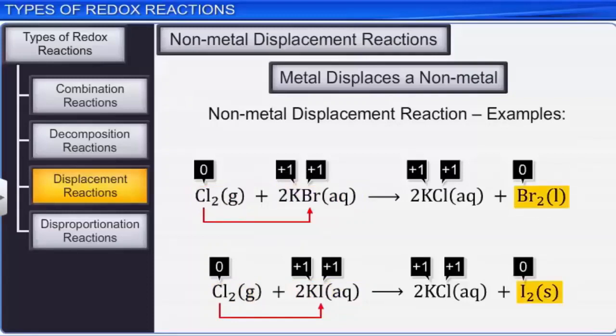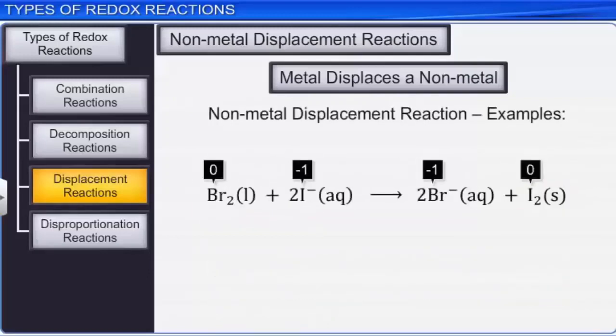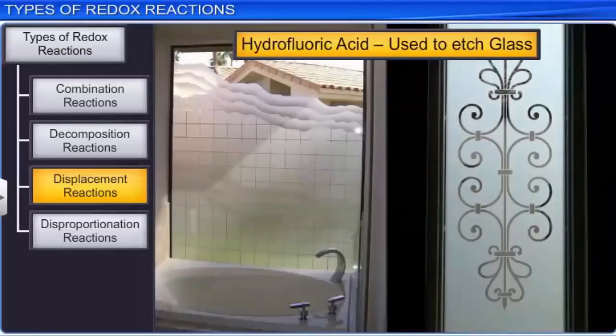This identification is called the layer test. Similarly, bromine can displace iodide ions in an aqueous solution. Halogen displacement reactions are used in industrial applications to produce chemicals, such as hydrofluoric acid, which is used to etch glass.